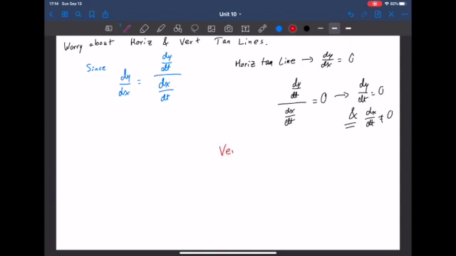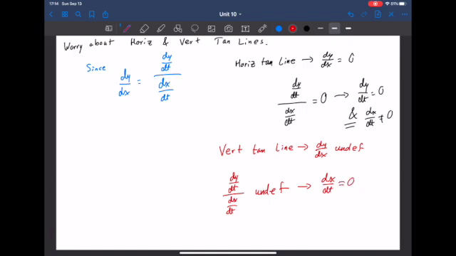My vertical tangent line, we'd have dy dx undefined, right? The slope of a vertical line is undefined. And if I had a fraction that was undefined, it probably means the denominator equals 0.